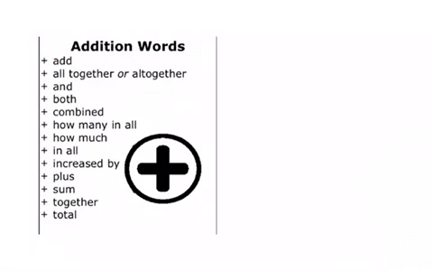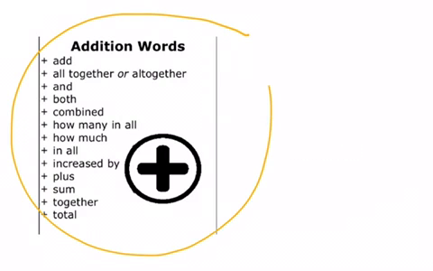You have another handout that you should have printed, and on it are just some key words used in math word problems. So you have a section for addition words. And these are so that you can refer back to this sheet, so that if you see these words in a word problem, you're going to probably add something.